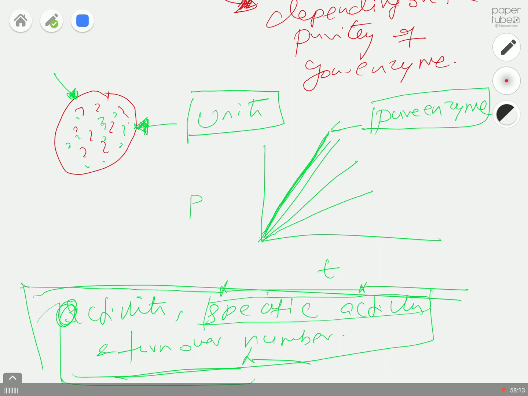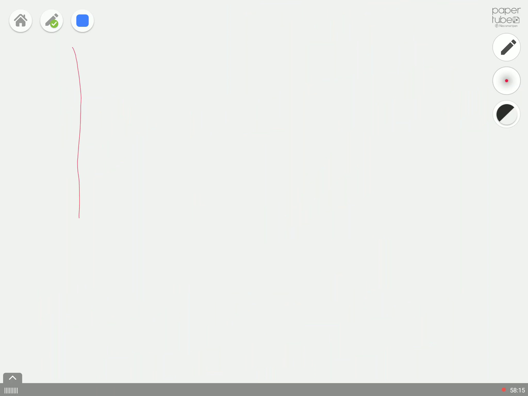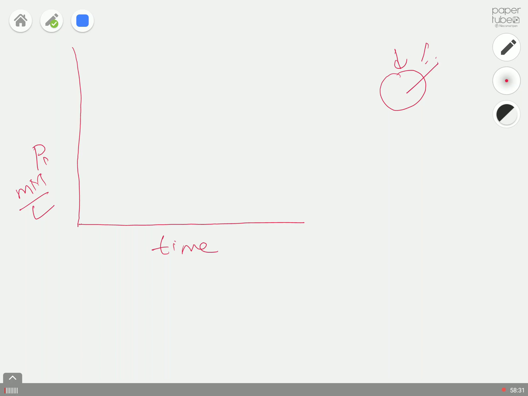One more thing you have to remember: time on one axis, and your product concentration expressed in, say, millimoles per liter. Imagine you take an enzymatic reaction, add substrate, add enzyme, and then monitor your product concentration using some probe, some spectroscopic technique. If you get something like that, the initial region where you have something linear, we call the initial velocity.